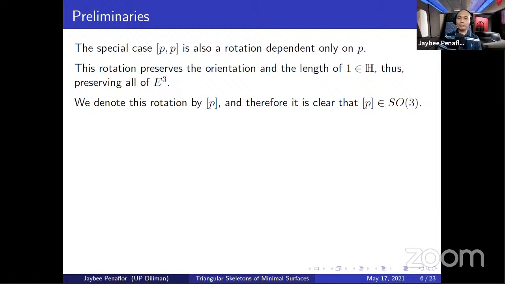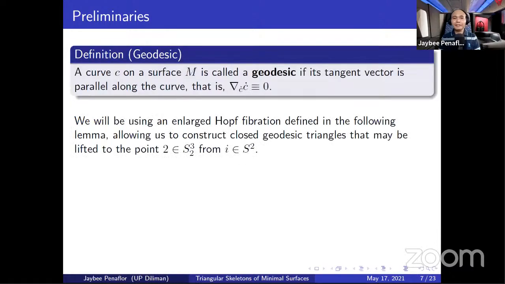Now, let's actually define what a geodesic is. Earlier, when I presented the idea, I talked about the sides of the triangle, the fundamental triangles, being geodesics. So let's define mathematically what a geodesic is.